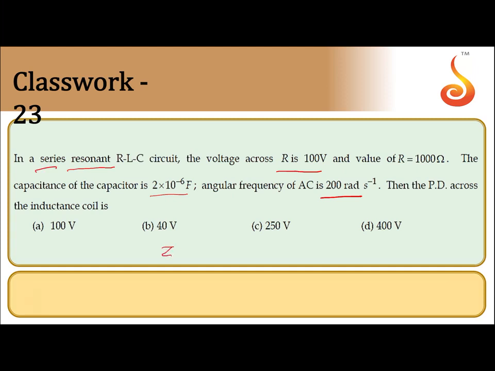So because of that, the impedance will be equal to resistance. That means current will be equal to applied voltage divided by resistance. So applied voltage is nothing but voltage across resistor divided by R because it is at resonance.